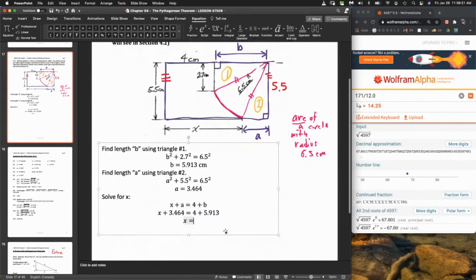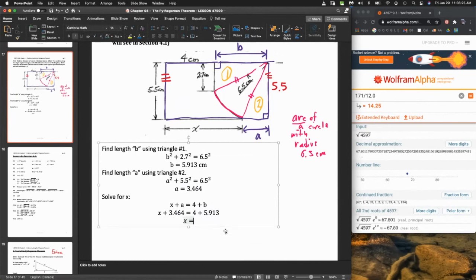At this point, I hope that you can add and subtract because I'll be very, very shocked. Okay, I got this. I got 6.449. Yep.